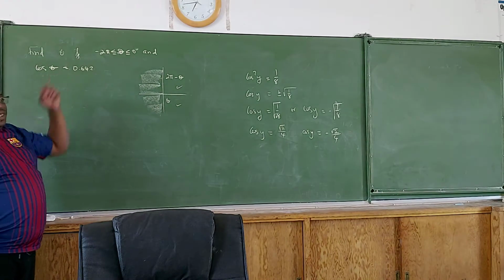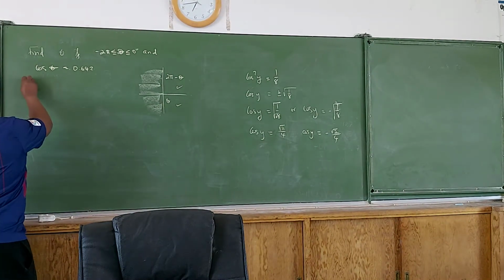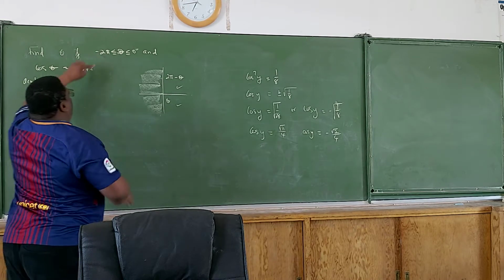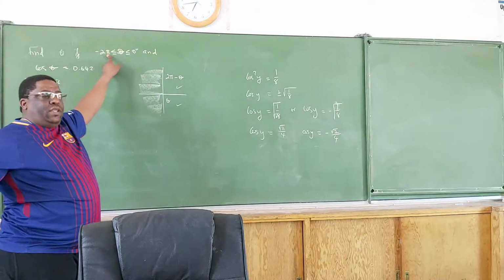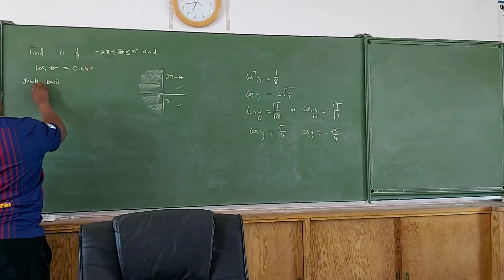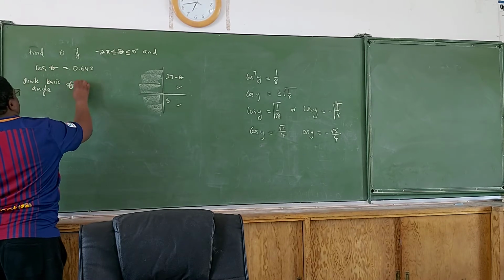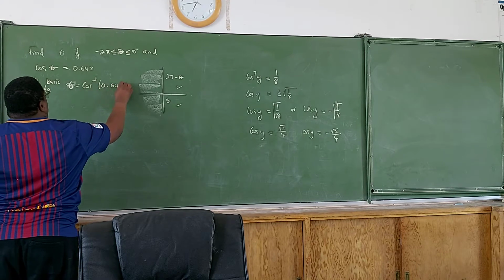Because of that, we are going to find the acute basic angle. Since your domain is given in terms of radians, please change your calculator to radian mode. Okay? So the acute basic angle is going to be the cos inverse of 0.642.